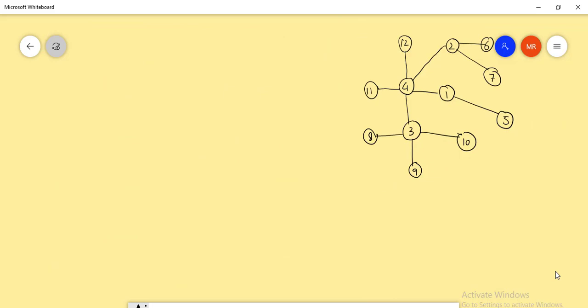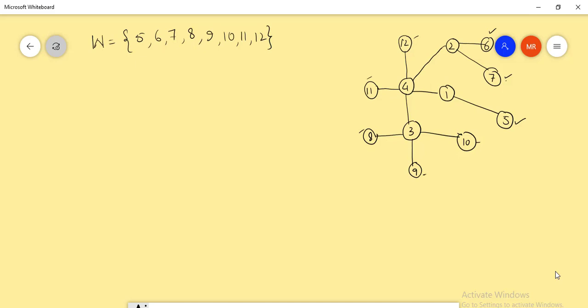As an example, consider this tree. This is a labeled tree. So we pick the set W of terminal vertices such that the labels are in increasing order, and hence we have the terminal vertices with labels 5, 6, 7, 8, 9, 10, 11, and 12.